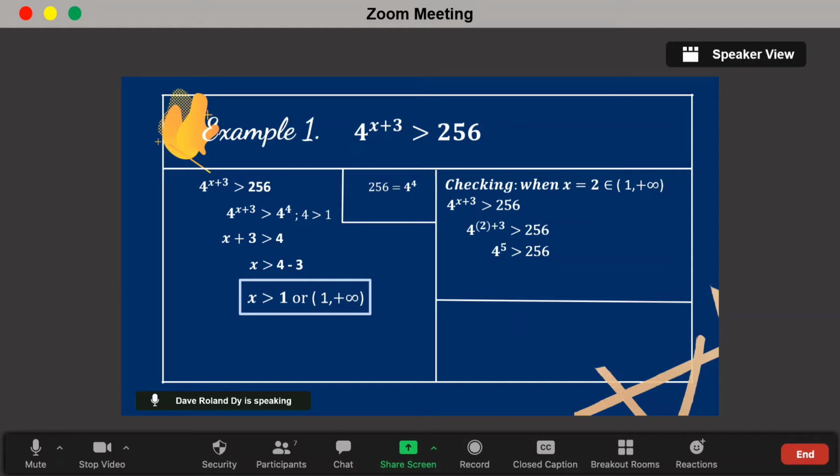Now we have 4 to the fifth power is greater than 256. If we get the value of 4 raised to the fifth power, it becomes 1024. So now we have 1024 is greater than 256, which is a true statement. Therefore, the solution to the inequality 4 raised to the power of x plus 3 is greater than 256 is x is greater than 1.